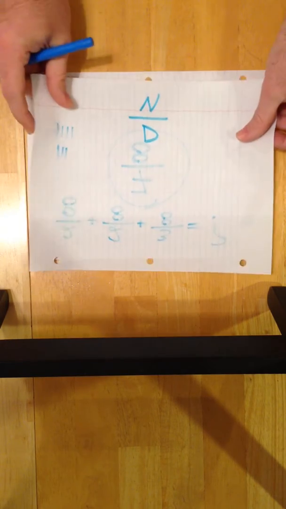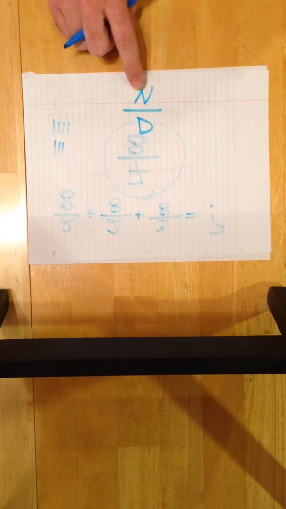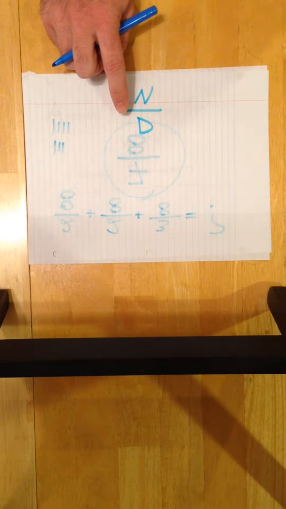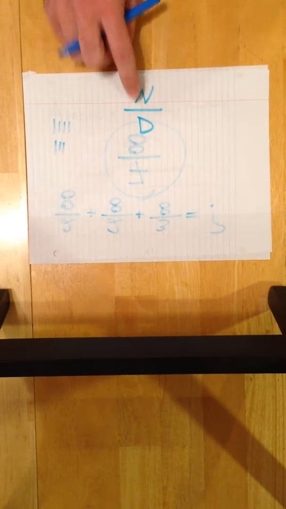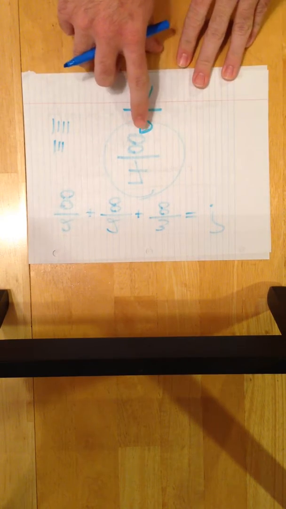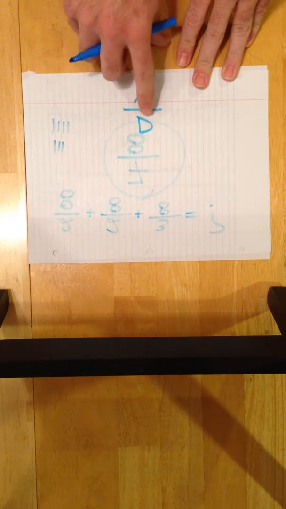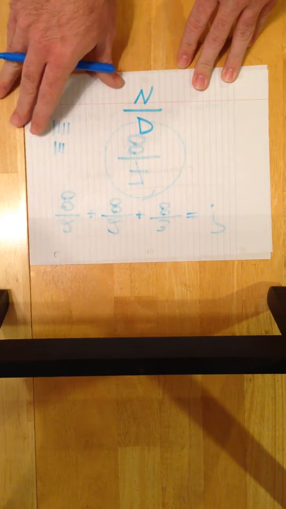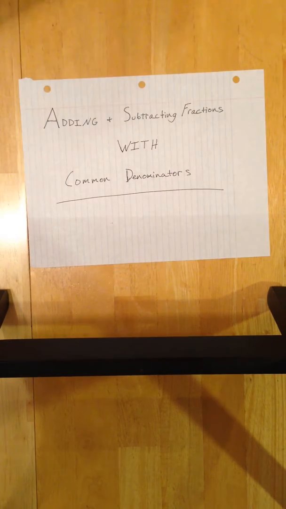So the numerator is always the top number, and the bottom number is always the denominator. So today we're focusing on just adding the top number and subtracting the top number, and we're going to add together or subtract fractions that only have the same denominator. It's going to be quite a bit easier. We'll go ahead and get started, okay?